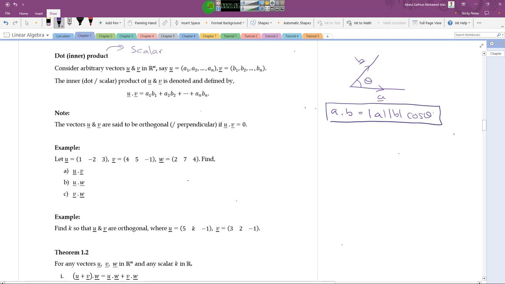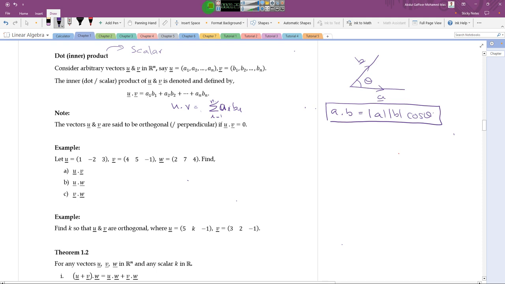Now we are going to extend this equation and write a new equation for the dot product of two vectors. If I condense this equation, it will be easy for you: u dot v is the sum of a_i b_i, i equal to 1 to n.